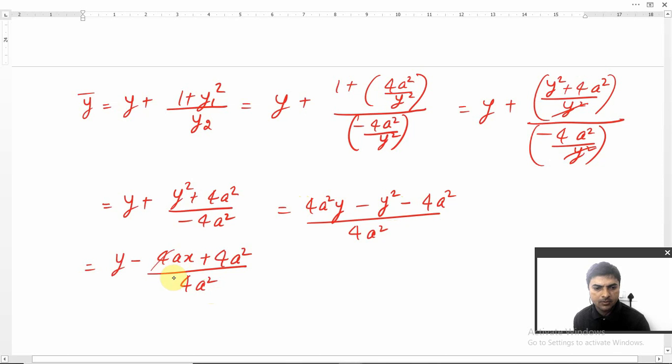So 4 will get cancelled. You can take common and simplify, and a will get cancelled. So you may get like this, y minus y cube divided by 4a square.